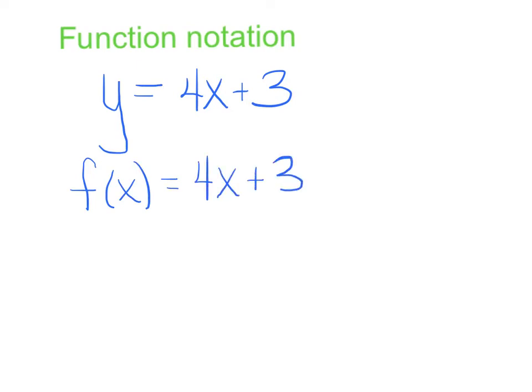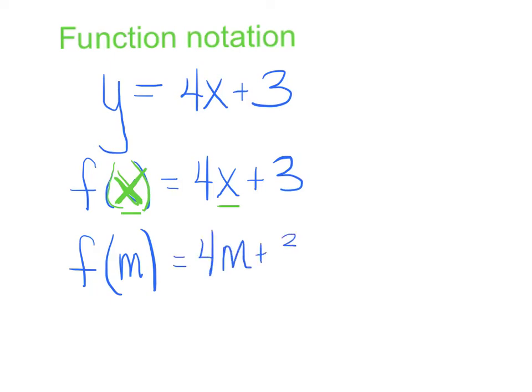Well, this variable inside here is important. It is telling you the variable that will be used in the problem. So if I say f of x, then I need to be using x in my problem. However, if I said f of m, then my equation would be 4m plus 3. So this is telling me the variable used in my problem.